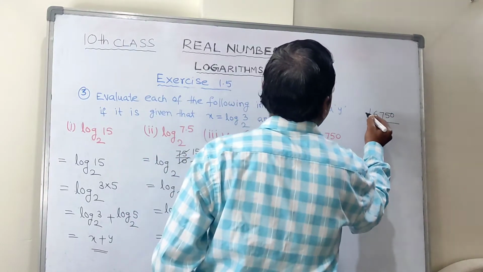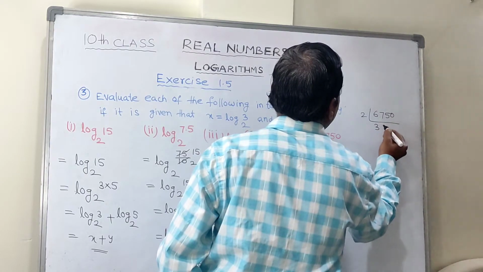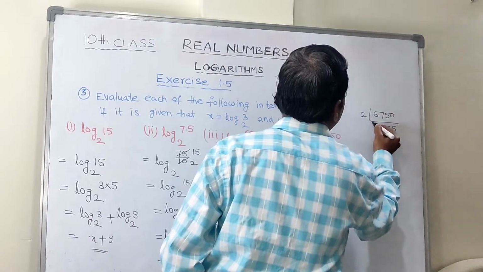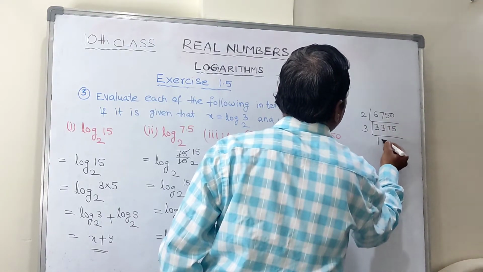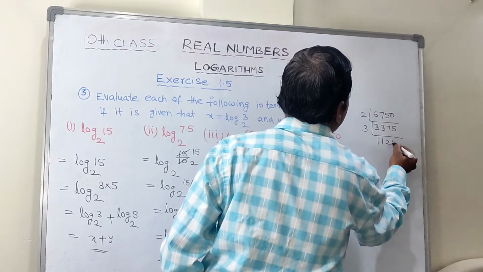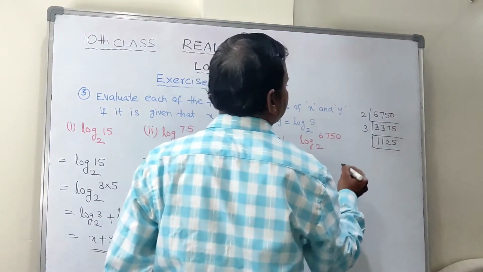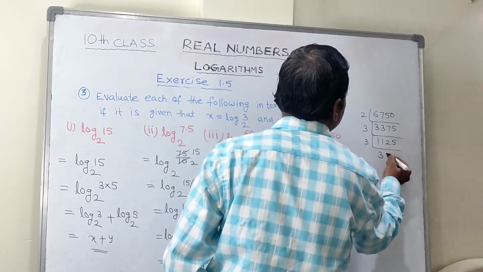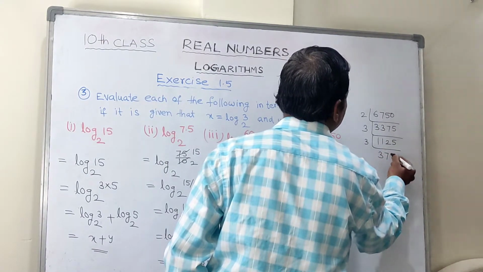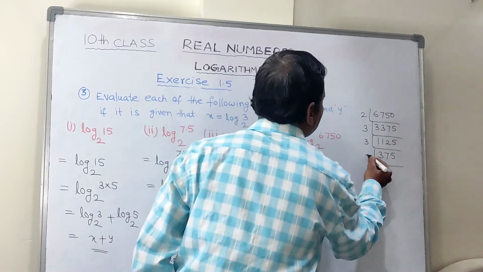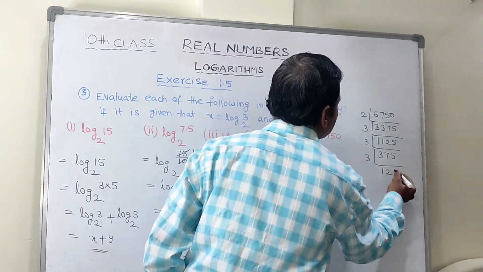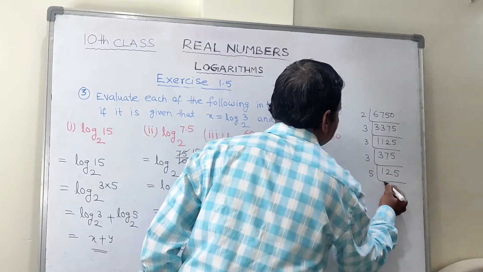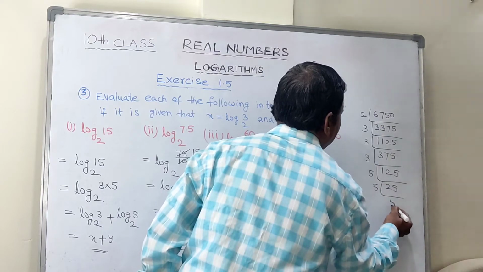Let us take 2 3s are, 2 3s are, 2 7s are, 2 5s are 1 1 3; 2s are 3 5s are; 3 3s are 9, 22, 3 7s are 21, 15, 3 5s are 15; 3 1s are 3, 2s are, 3 5s are; 5 2s are 5, 5 5s are, 5 5s are.